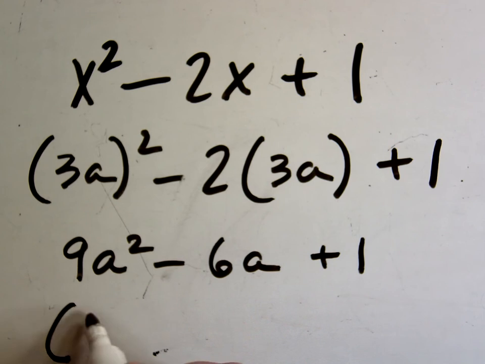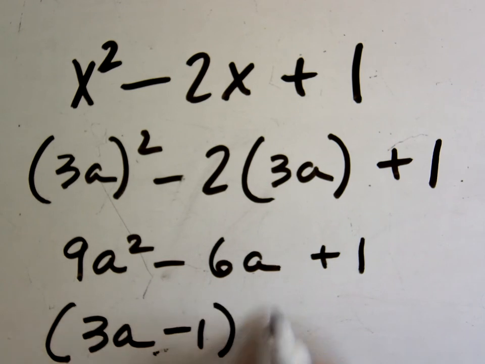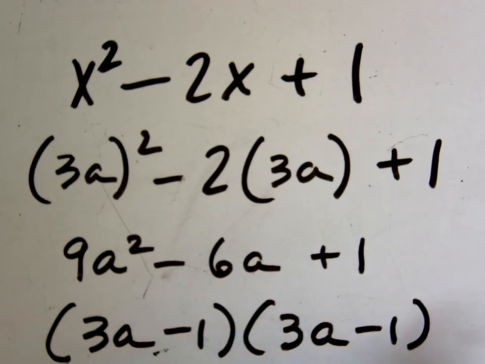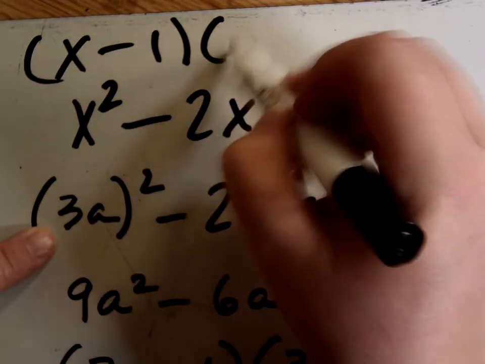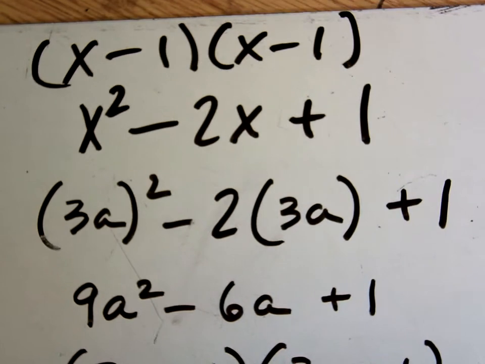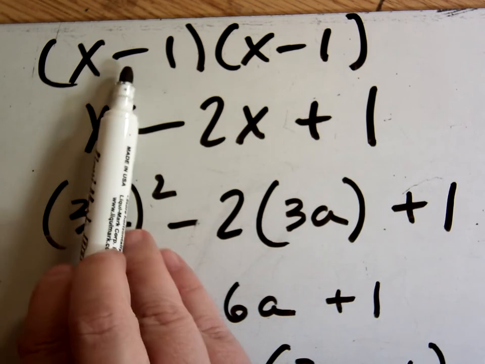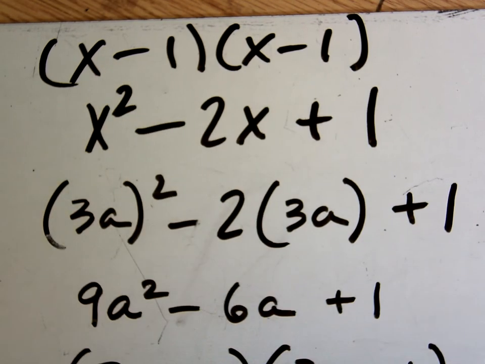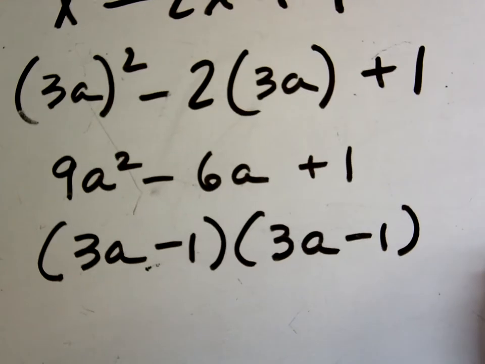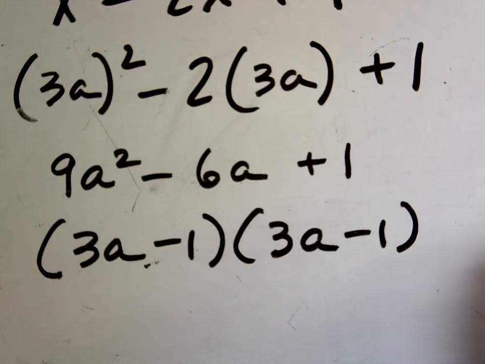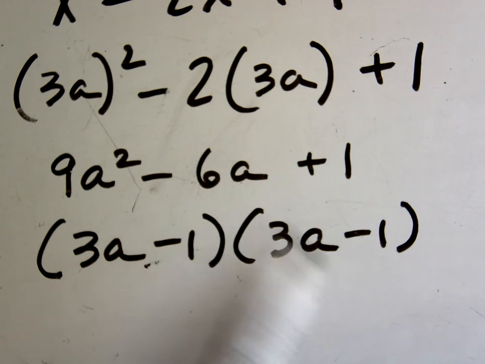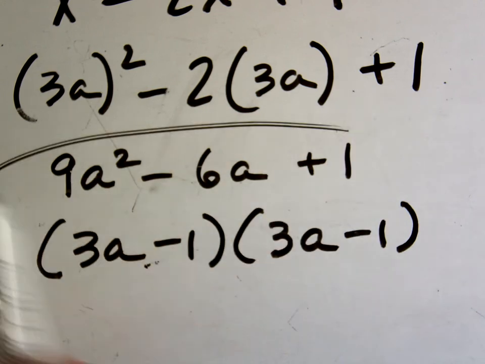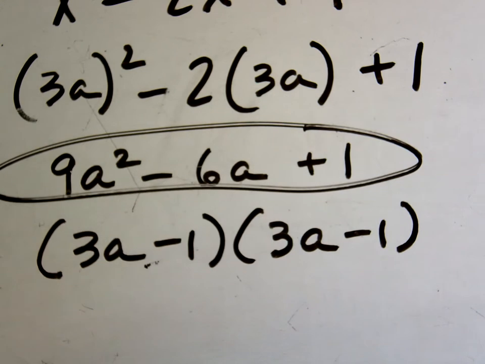So that factors as 3a minus 1 times 3a minus 1. Remember, it factored as x minus 1 times x minus 1, which is like saying the thing I'm squaring minus 1, times itself. Here the thing I'm squaring is 3a. So 3a minus 1. If you multiply this out with FOIL, this is what you would get, which is another way of writing that.